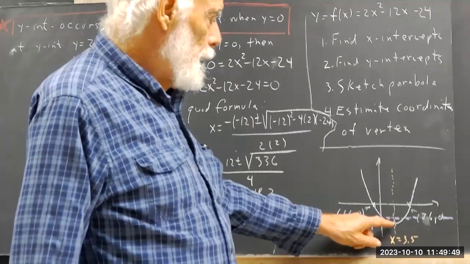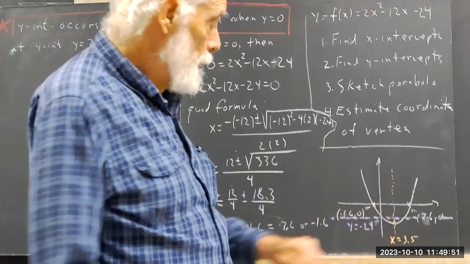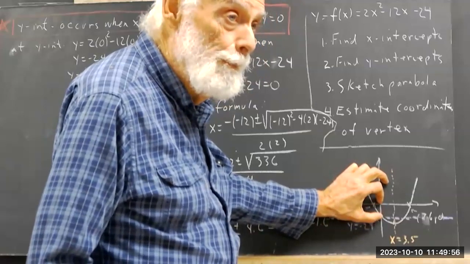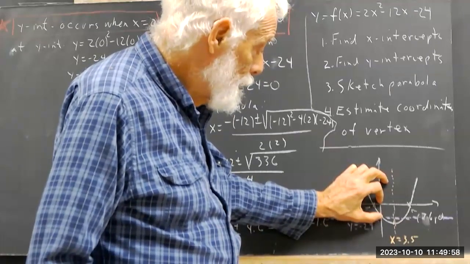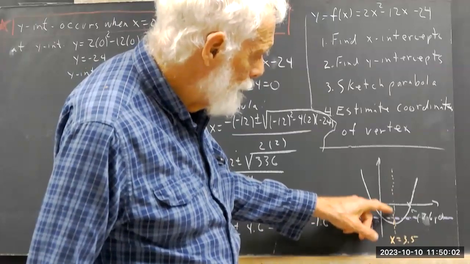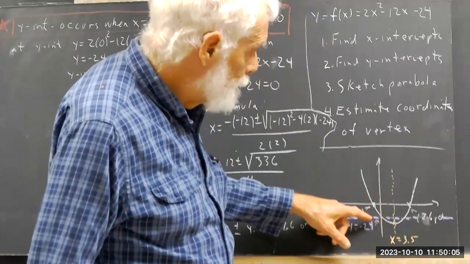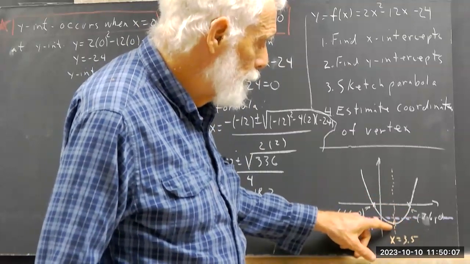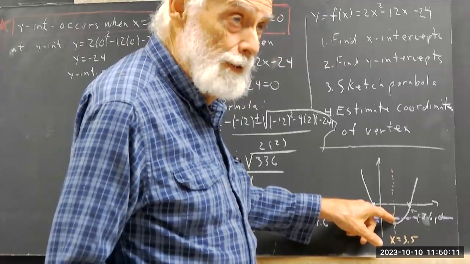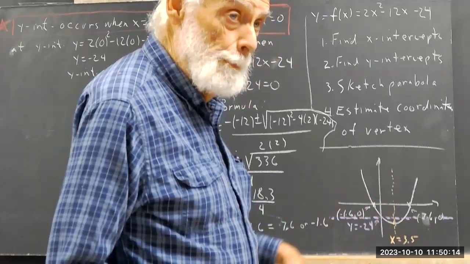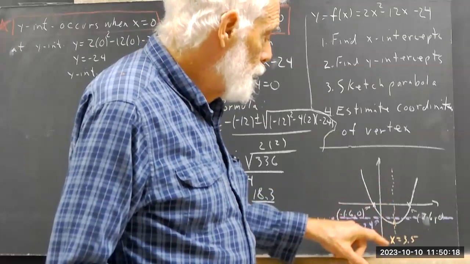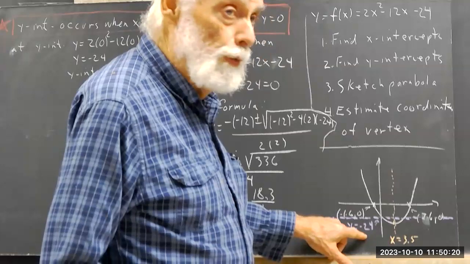Now, what is y here? Well, from here to here is 24, right? From here to here, is this half of this distance? Is the distance between the horizontal line and the vertex as much as half of the distance from the x-axis down to the purple line? Because if so, if this is half of this, then this is going to be 12 lower than negative 24.